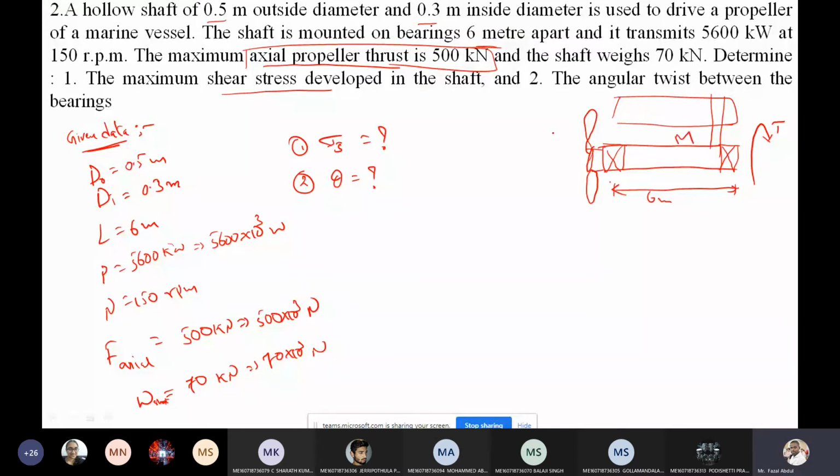Because of continuous rotation the propeller is going to rotate, and the shaft is subjected to axial load. So see here, three parameters appearing here: T, capital M, F axial. It means this problem belongs to, in addition to combination of torsion and bending, it is subjected to axial load. Okay, this is the fourth category.